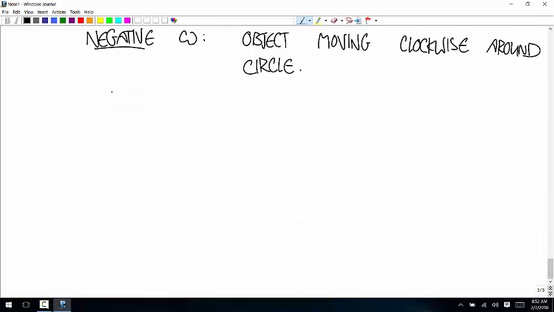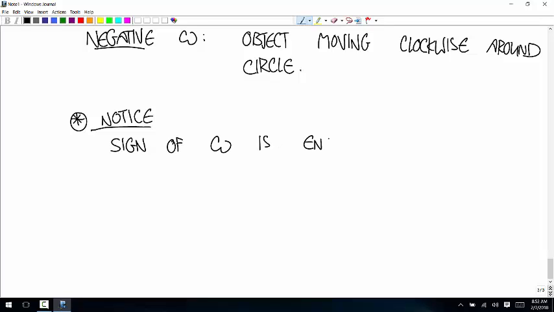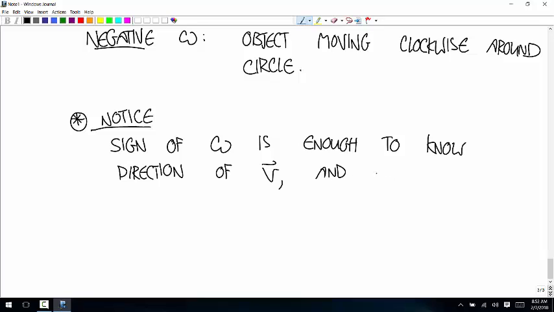So notice that the sign of omega is enough for you to know the direction of v, and vice versa.